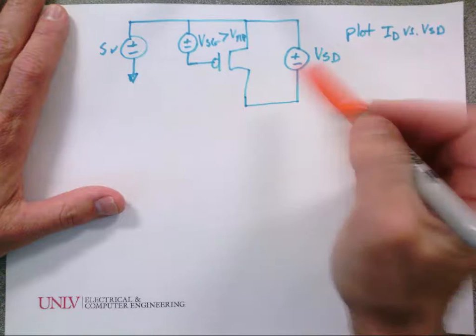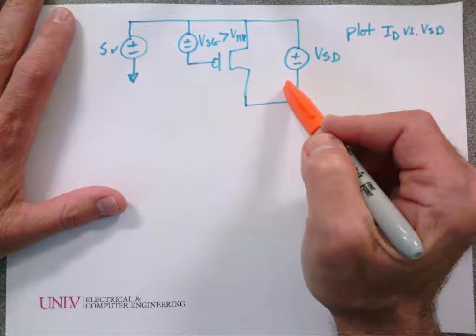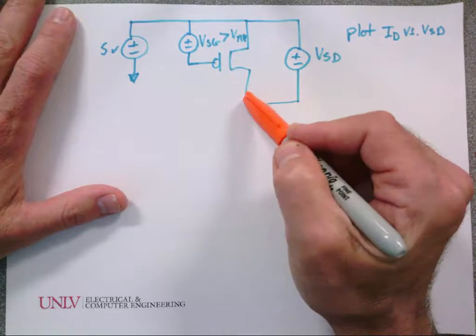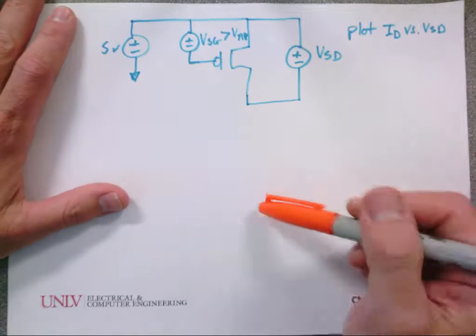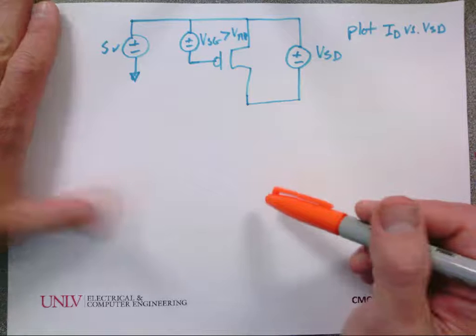Right? Because if VSD is 0, it means you put a wire there. A 0 volt voltage source is a wire. So it's 5 volts. So what's the current that's going to flow if both sides of the transistor are at the same potential? 0. So what's the plot look like?